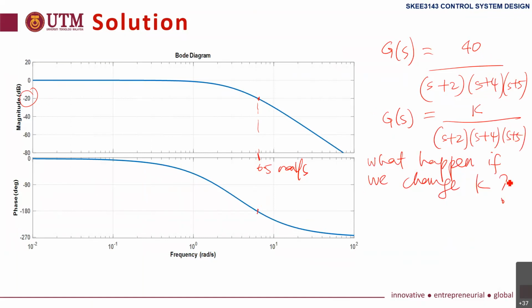Okay, my next very important question: what happens if we change K? Initially it was 40. This is just an example, what happens if I use K equal to 100? What happens to the phase and what happens to the magnitude? Now I change K to 100.